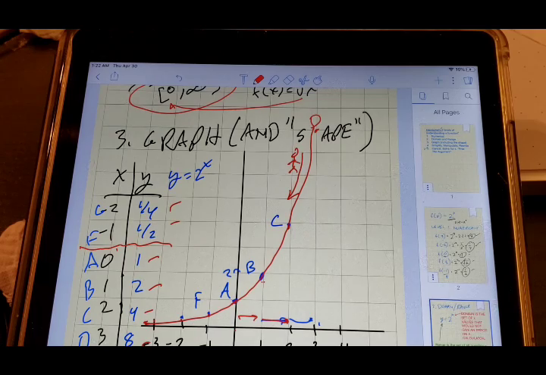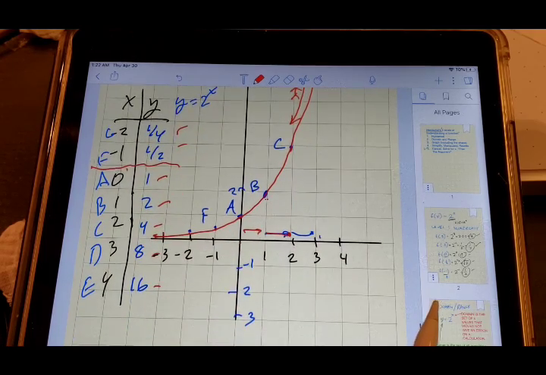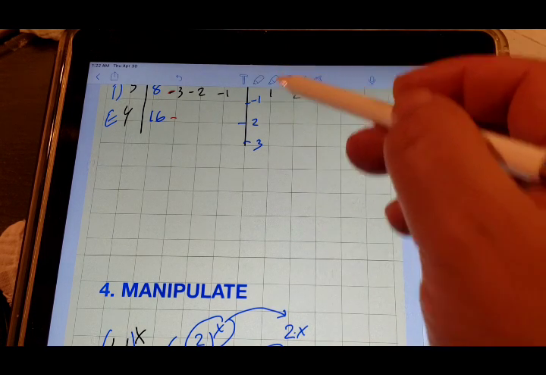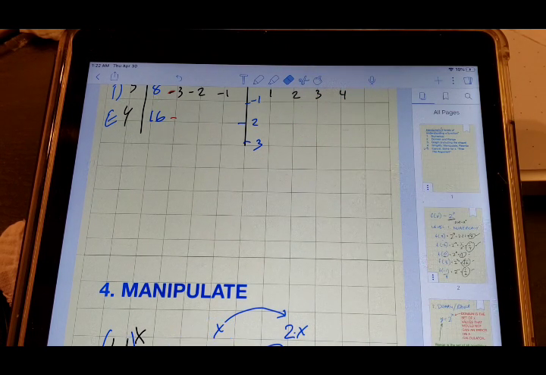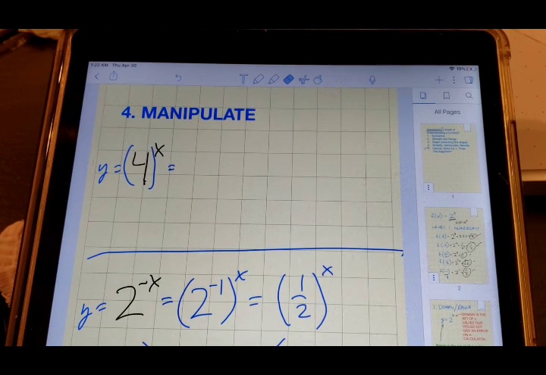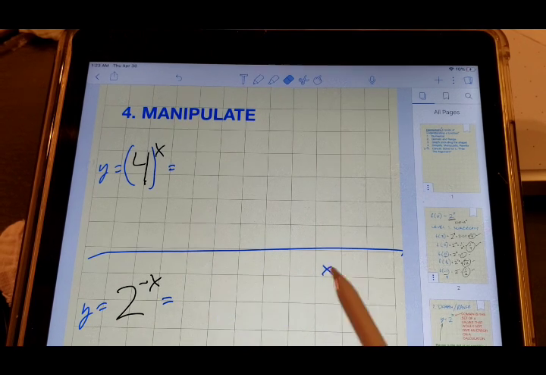All right. Graphing, manipulate. Oh, I gotta erase all this. So manipulating a graph is a little unusual, I suppose, because it's not simplifying, because we don't really have any rules for simplifying exponential functions.